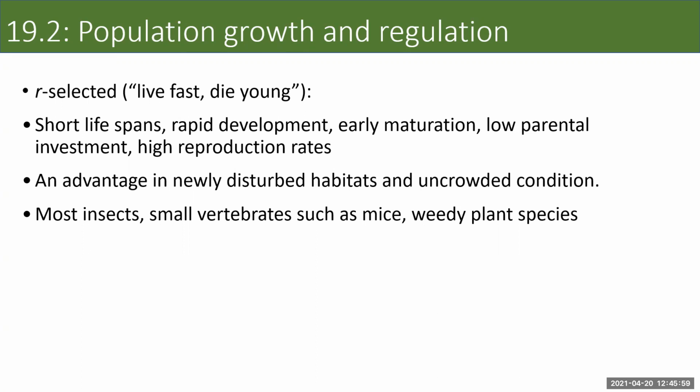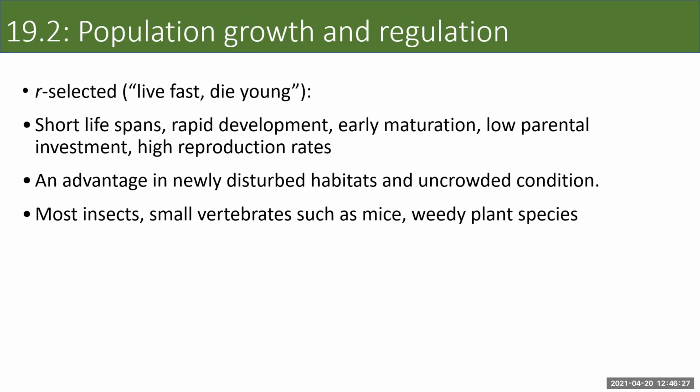So that takes a lot of energy. So that means they have low energy or low time to actually take care of the thousands or hundreds of offspring that they're producing. And an advantage of a species having this type of lifestyle is that they can take advantage of newly disturbed habitats or uncrowded habitats. So they can go in and take over those habitats relatively quickly.